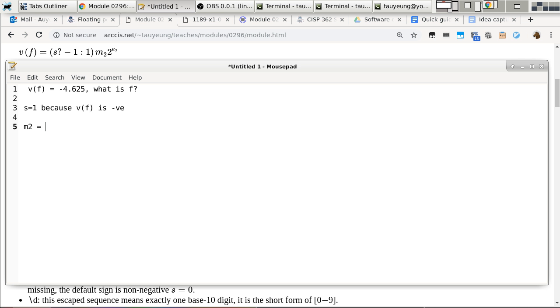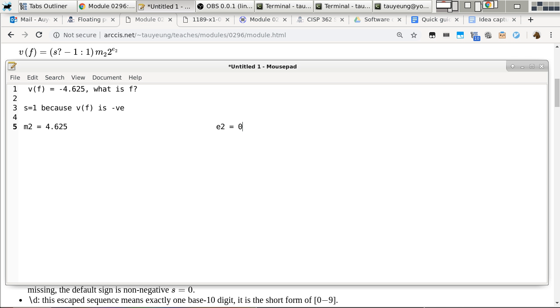So we'll work with M2 and E2 at the same time. So we have E2 and M2 on the same row. So at first we go like, well, I just want to be lazy. I want to use 4.625 as my M2, and then E2 is going to be 0, right? Does that make sense? Because if M2, which is not really quite playing by all the rules just yet, is 4.625, then that is my value.